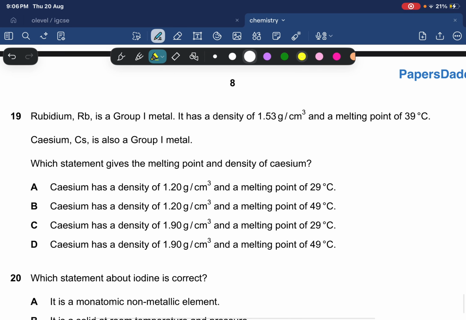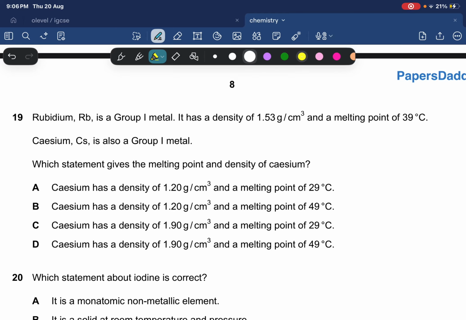Okay, next thing. Rubidium is a group 1 metal. It has a density of 1.53 gram per cm cubed and a melting point of 39 degrees Celsius. Cesium is also a group 1 metal. Which statement gives the melting point and the density of cesium? So firstly, it's group 1, right?